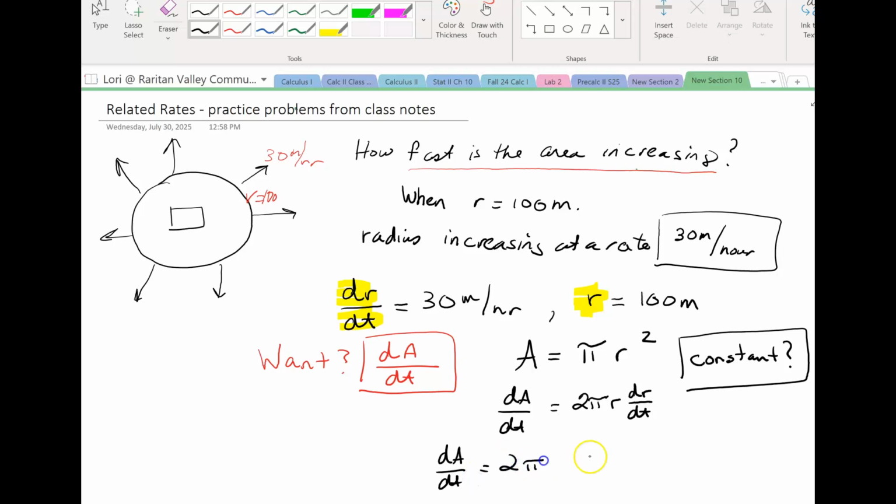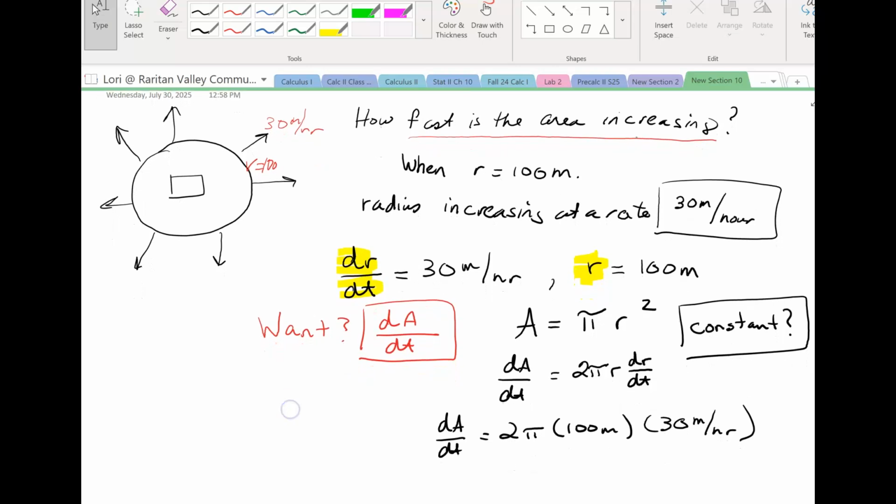We have 2 pi times 100 meters, and then dr/dt, of course, is 30 meters per hour. It's really important, I kind of mentioned this in the intro video, that you put your measurements into the equation and work out your measurements, because ultimately your measurements should match the final answer.